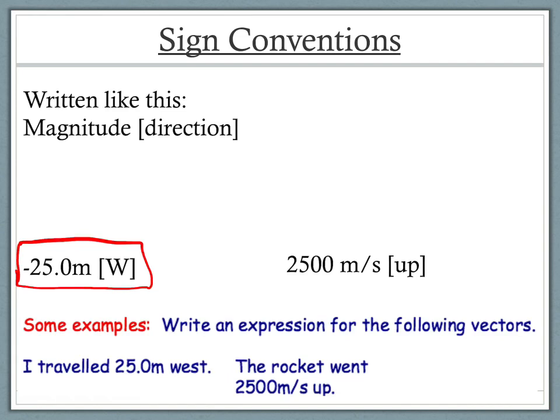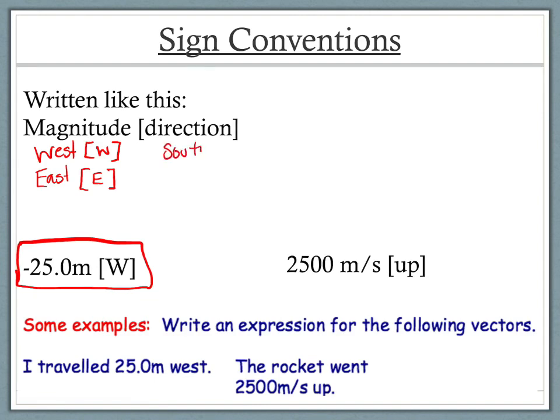And then what we do is in these square brackets, we put the direction it's going. So for west, we'll just put W, okay? And we can do that for all those navigational ones. So east, you do the square brackets and you put an E in there.